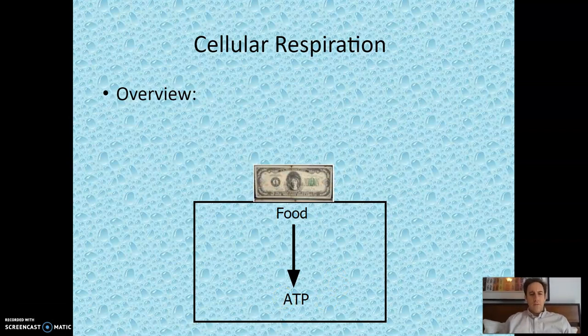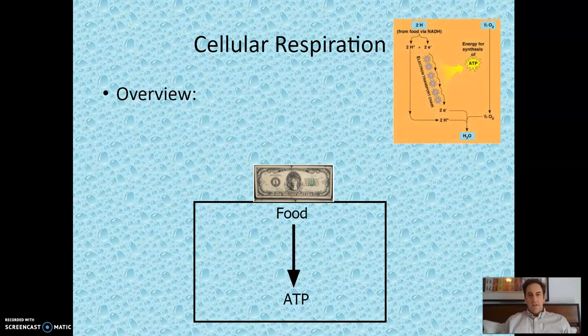Well, remember, food is kind of like that $1 trillion bill, right? It's got tons of energy, but it's not very useful for day-to-day transactions. If you want to go to a movie, you're probably not going to take a $1 trillion bill. If you want to order something from a vending machine, you're probably not going to slip a $1 trillion bill in there. ATP, however, is like a 20. And so a $20 bill is very useful.